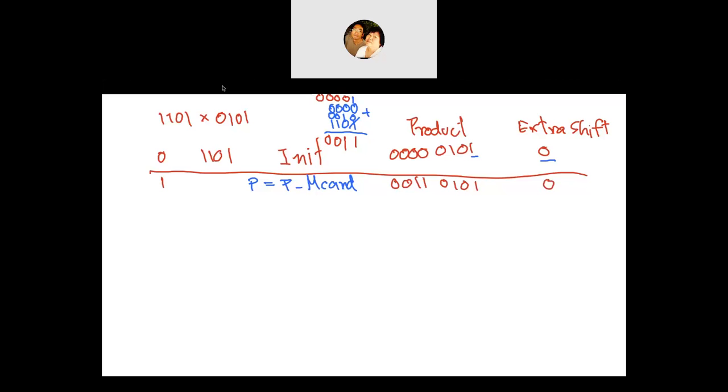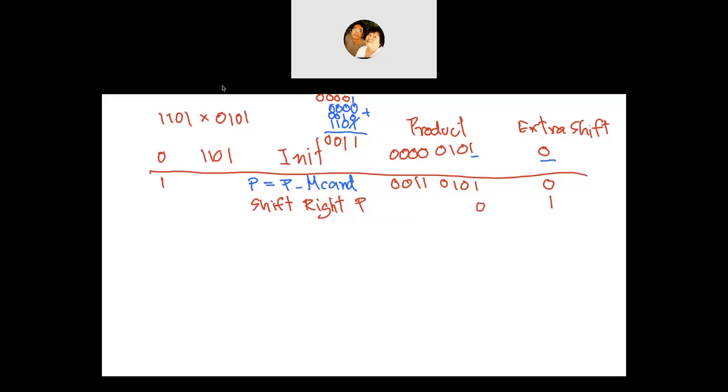And then we have to shift right the product. Shift right. How can we get the shift right? 1 here, go to the extra shift. So in this case, extra shift is 1.